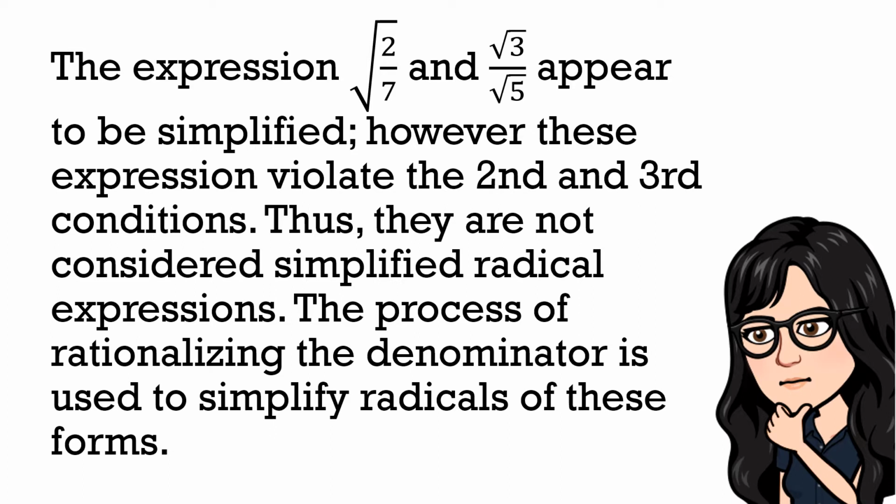And the second expression, square root of 3 over square root of 5, violates the third condition, which states that there should be no denominator in radical form. Thus, they are not considered simplified radical expressions. The process of rationalizing the denominator is used to simplify radicals of this form.